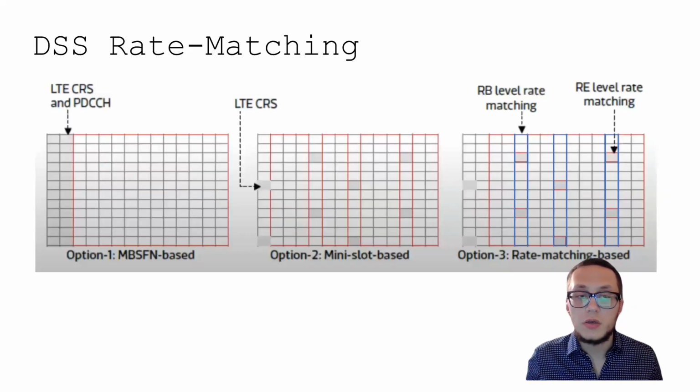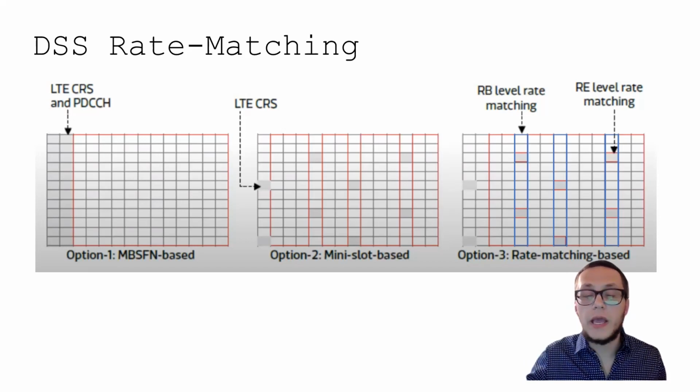Here we can see our discussed MBSFN-based option. Then right at the center is the option with mini-slot based. We can see that in that example it is based on either 3 or 2 symbols. So the system operates not with a resource block area, but with just a few symbols.